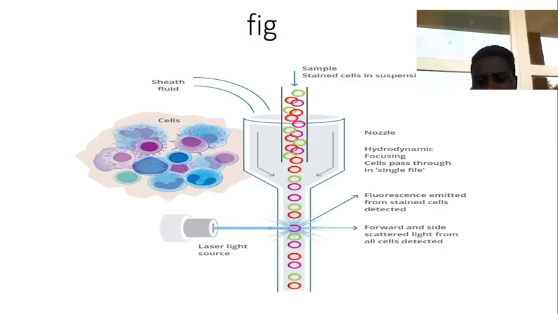The fluorescence emitted from the stained cell is detected, and forward and side scattered light from the cell are detected. All the light is detected: the scattered, the emitted, and the reflected.